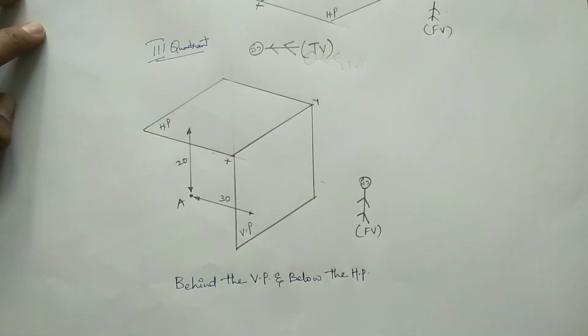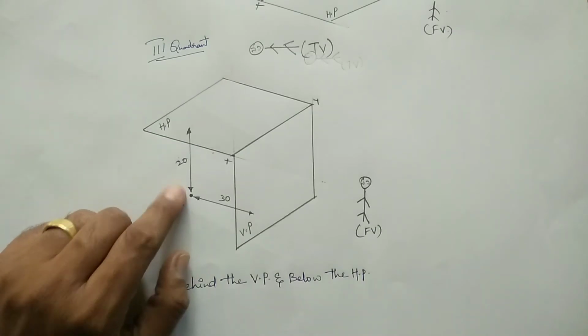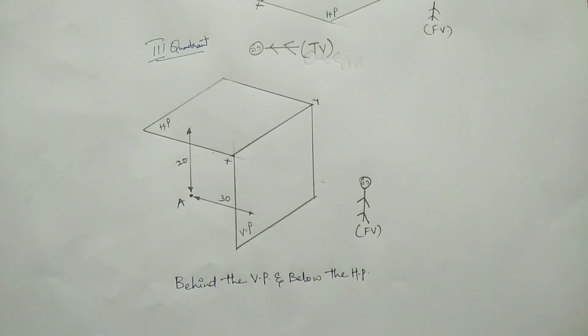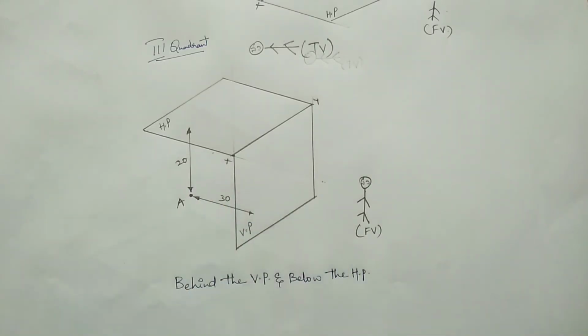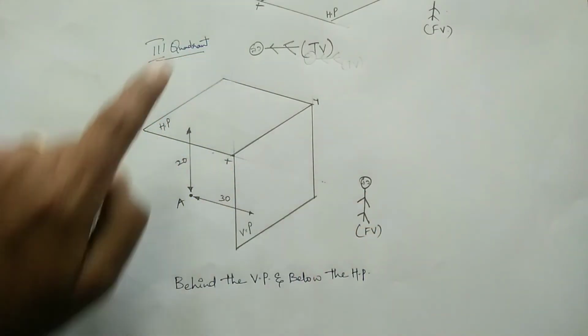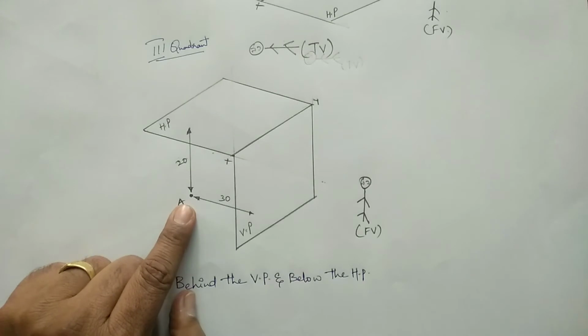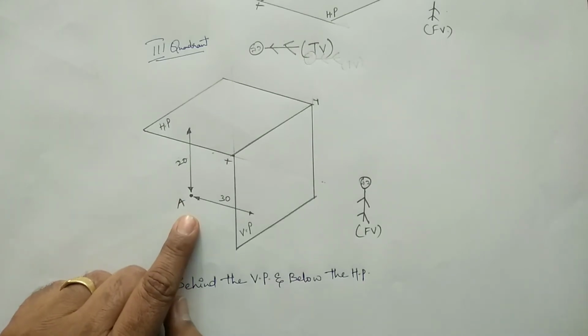So irrespective of the dimensions, which will be varying, don't consider the dimensions. The thing is, where is the position? It is behind the vertical plane with respect to the front view, and with respect to the top view it is below the horizontal plane. So this is the point A.